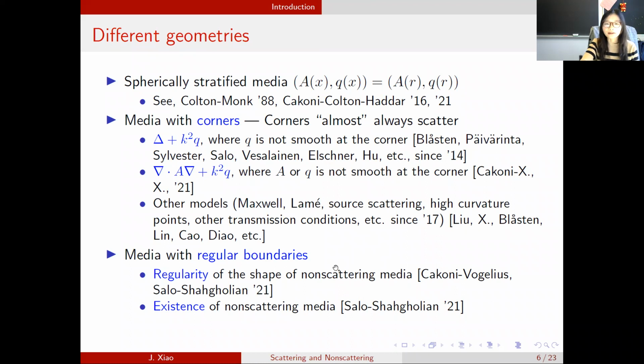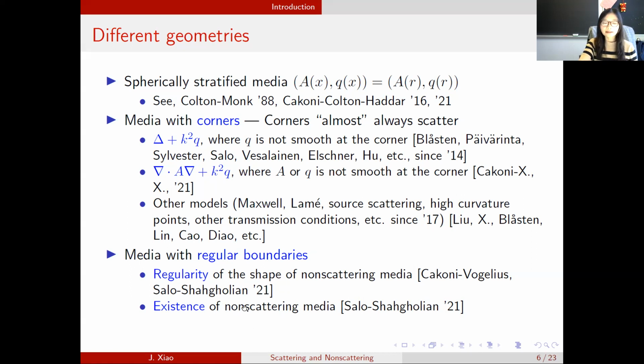Say, for example, when the incident field is not 0 at that point, for example, locally. And also some smoothness restrictions on the scattering media, the parameters A, the parameters Q actually.